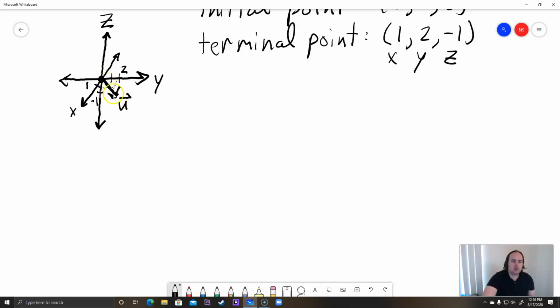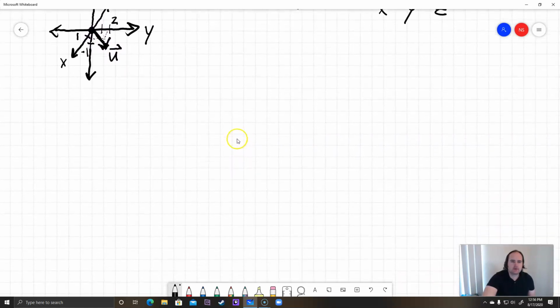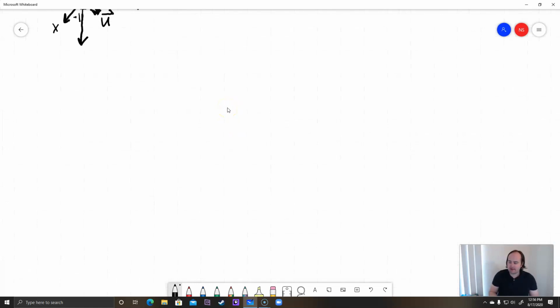You might be wondering, is there any way to talk about the length of the line segment, from there to there? And the answer is yes. You can actually just use the distance formula. And there's a special name for the length of that line segment, or the length of a vector. So that's what we're learning about next.